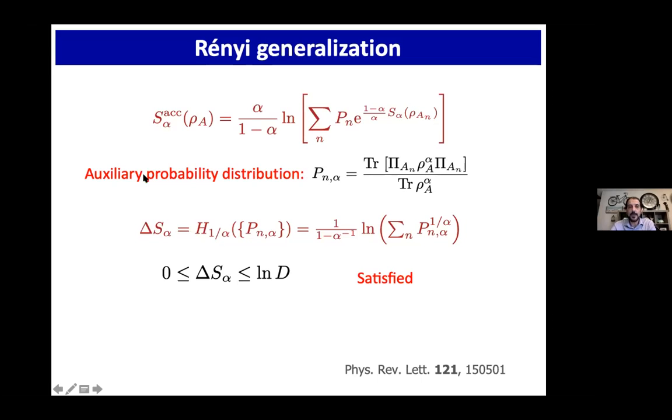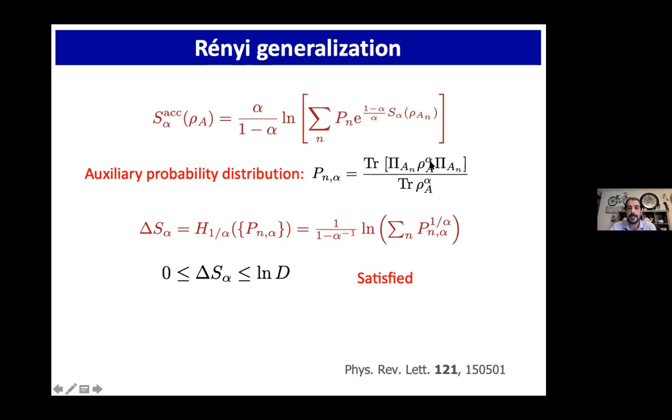If we define now an auxiliary probability distribution, we call P_n alpha, simply by raising the density matrix to the power alpha. And remember, rho A is block diagonal, which means that effectively we are raising each of these blocks to the power of alpha. So these blocks don't mix as we raise rho to any power of alpha.